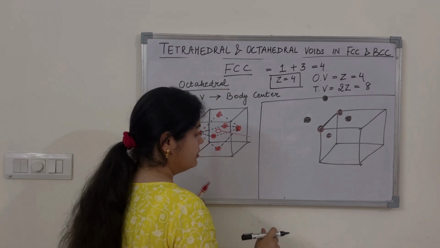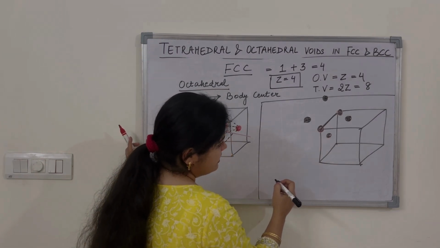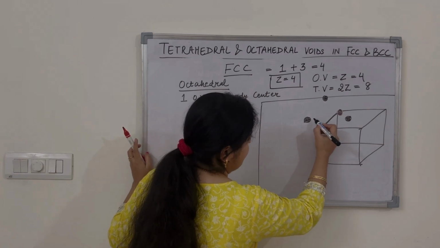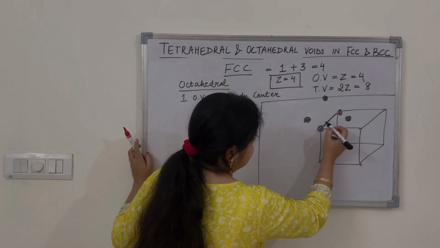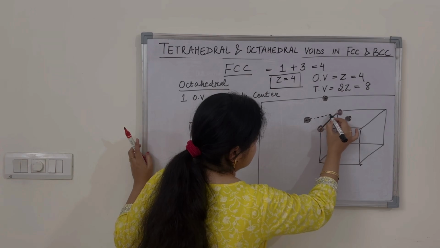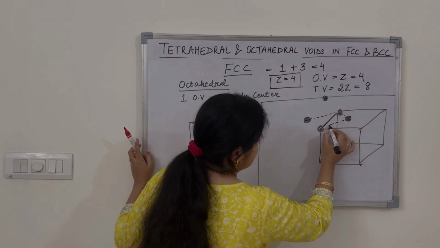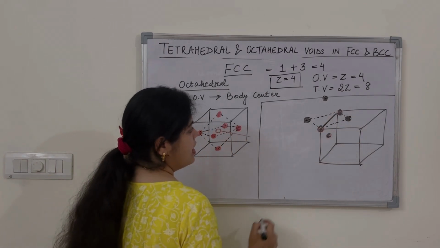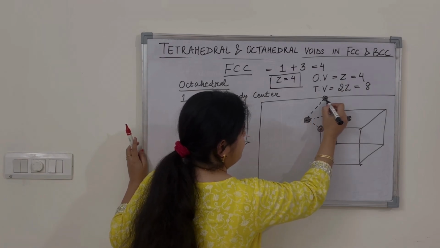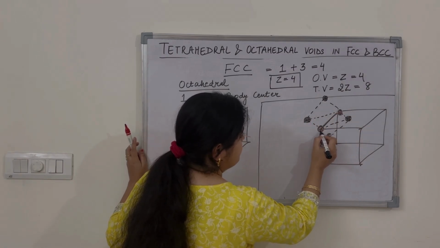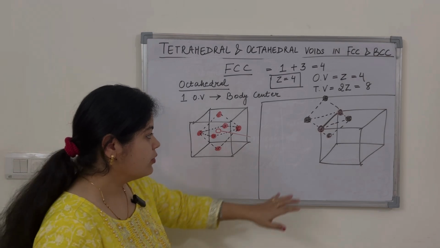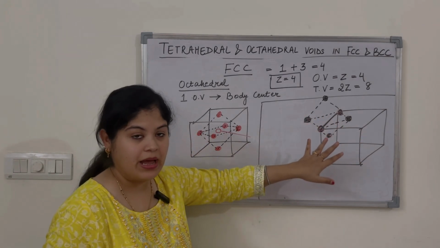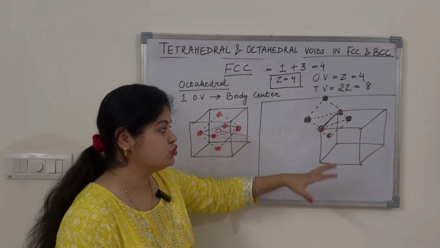Now if I join, I can see that these 4 atoms lie in one plane. And one atom is on the top and one atom is at the bottom. Okay, because I am drawing on the board, the structure is not so clear.